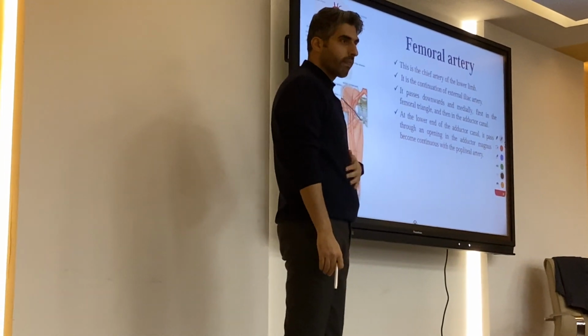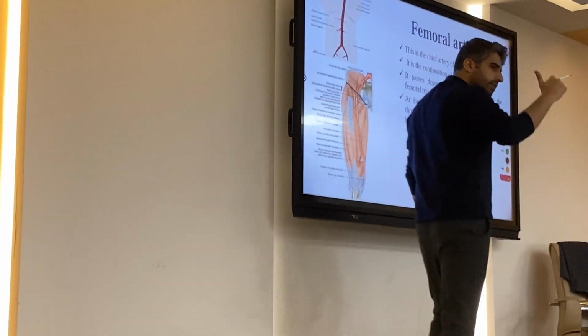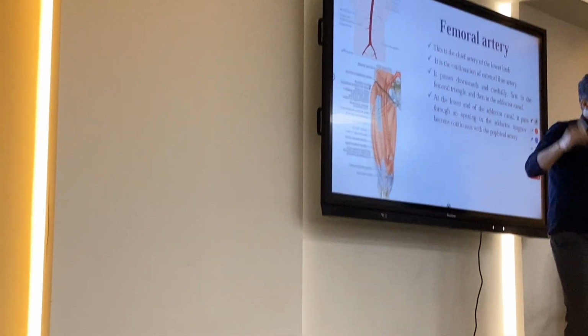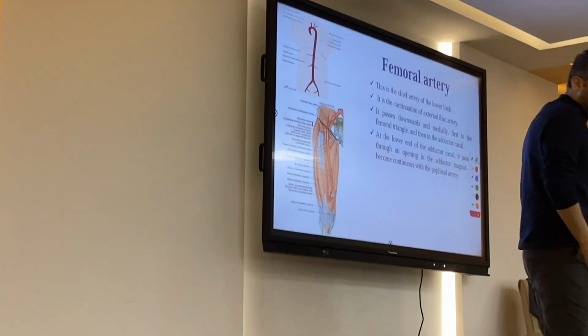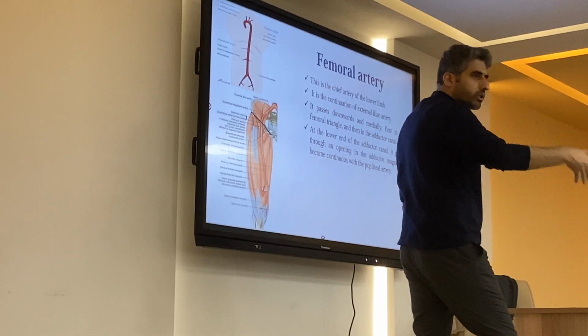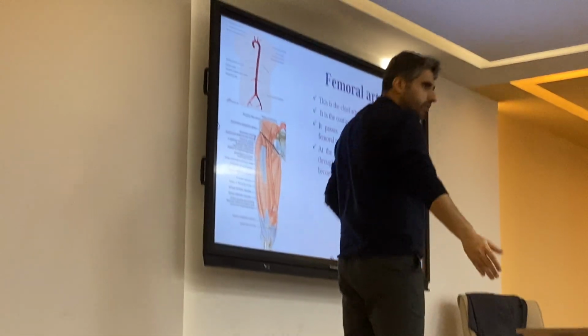It is the main vessel for all parts of the lower limb. Here in the thigh we say femoral artery. When it goes to the popliteal region, we say popliteal artery. Then it divides to the tibial arteries.